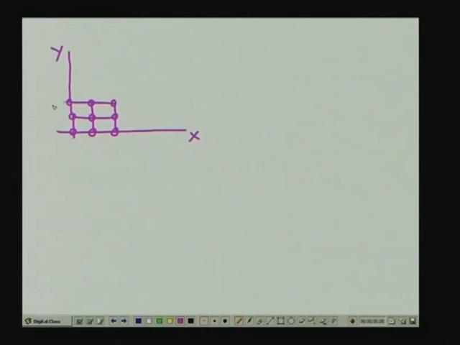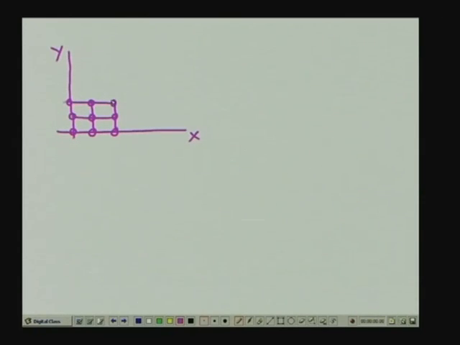You can easily identify that the coordinate of this particular image pixel is 0 0, this is 1 0, this is 2 0, this is 0 1, this is 1 1, this is 2 1, this is 0 3, this is 1 3 and this is 3 3.